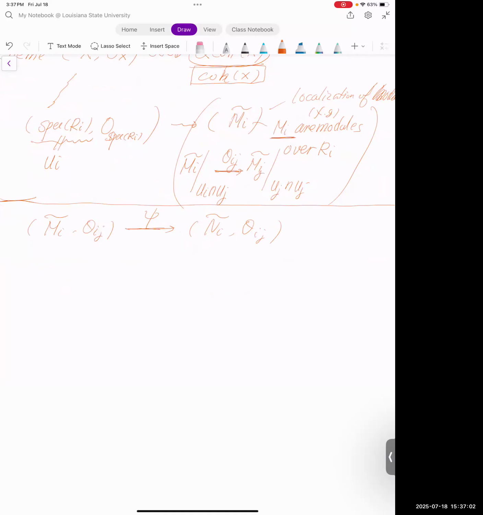What you want is a collection of module maps, from every M_i to N_i. They will be R_i-module maps, and these module maps are also compatible with the so-called transition functions.